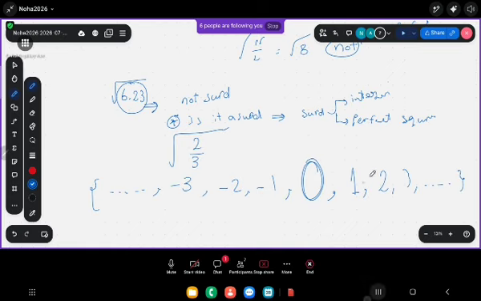Is there any fraction here? No, there is not. All of them must be whole numbers. Because of that, 2 over 3 is not a whole number, so it's not an integer. Because of that, root 2 over 3 is not a third.